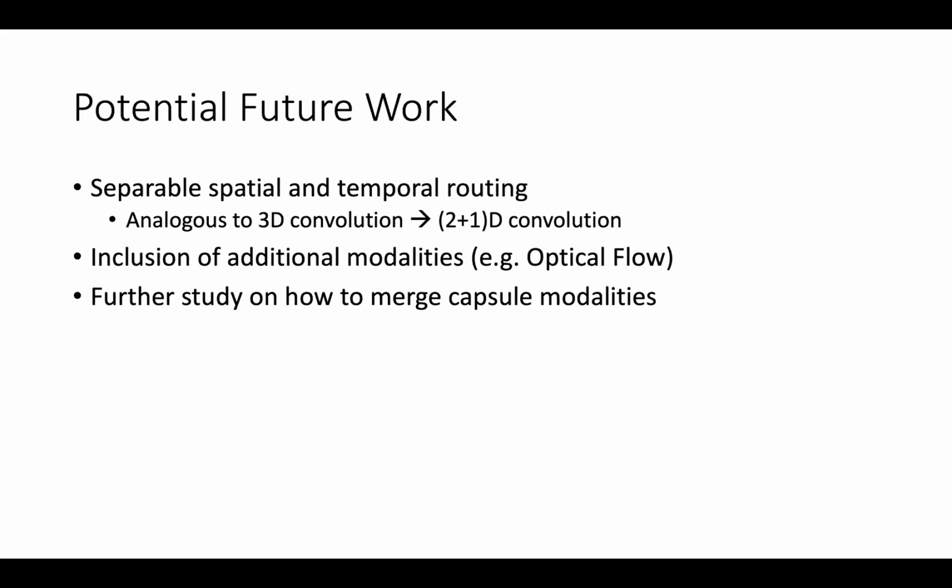And in our last work, we technically don't merge them, but we share routing weights so that the capsules from each of the modalities learn the same or similar representations. So the question is, is there a better way to merge these capsules? We could look to these multimodal transformer works, which have shown very good results in merging video and text.